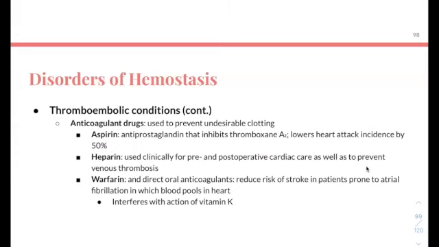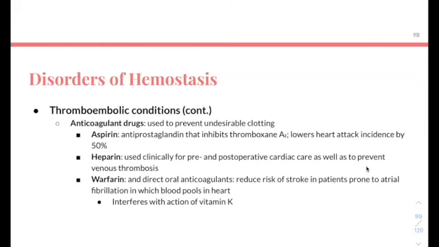There's also heparin, which I kind of mentioned before. It's used pre and post operative for cardiac care, and it prevents venous thrombosis, so clots forming and sticking in veins somewhere. Warfarin is another anticoagulant to help reduce the risk in stroke patients.